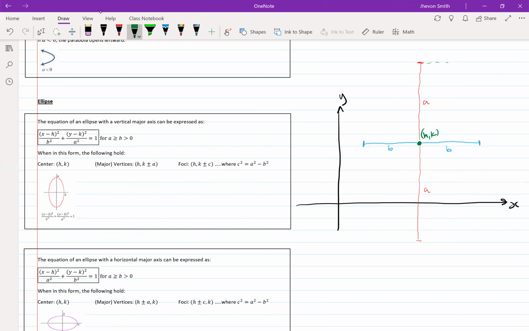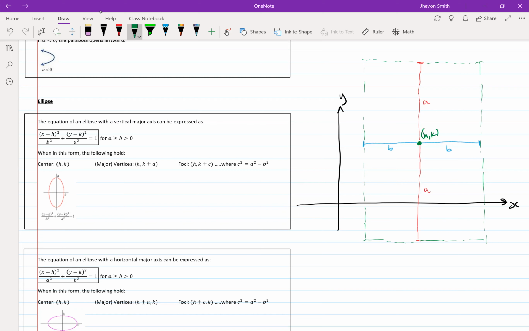You can now sort of imagine that these create a box. And what I'm drawing now, none of this is actually on the graph. It's just a skeleton to help you know what the graph would look like, right? So you start with the center, you move left and right by b, namely the base number underneath the x.